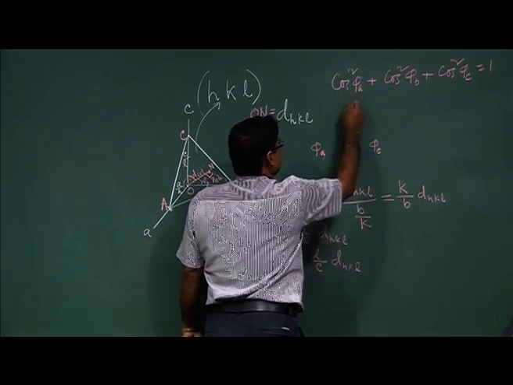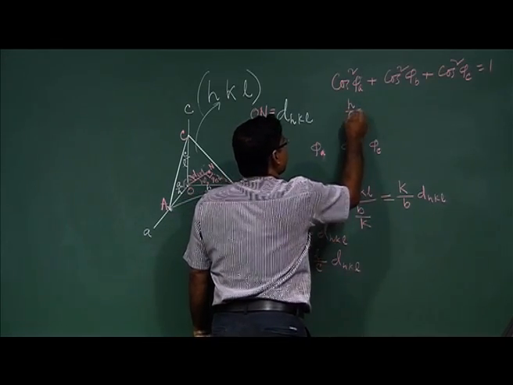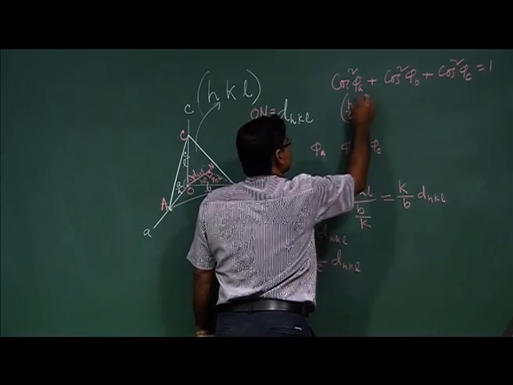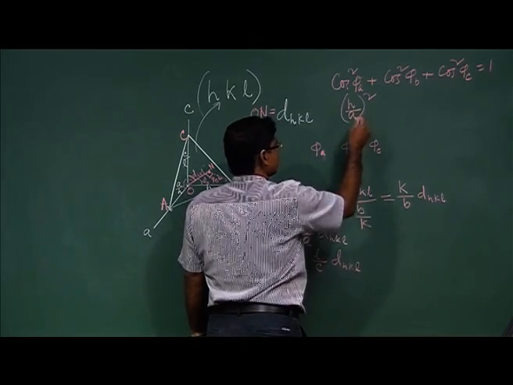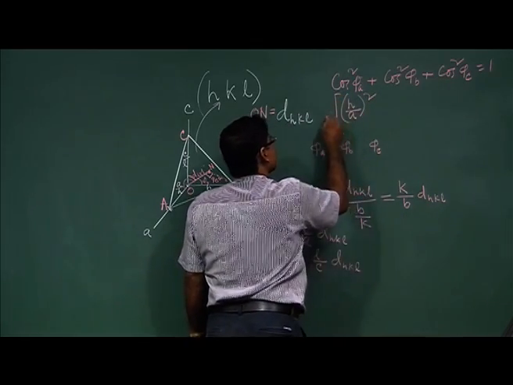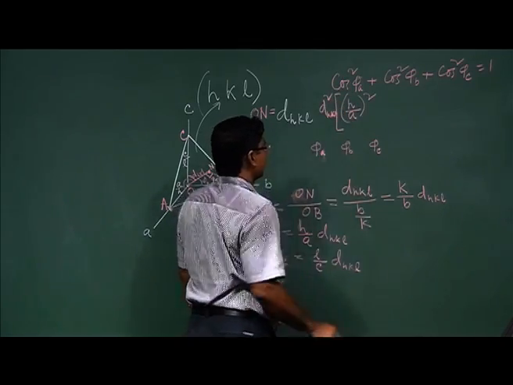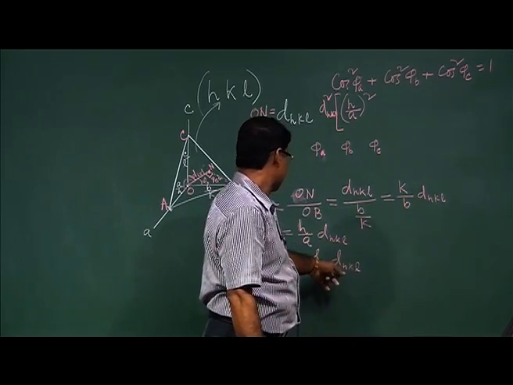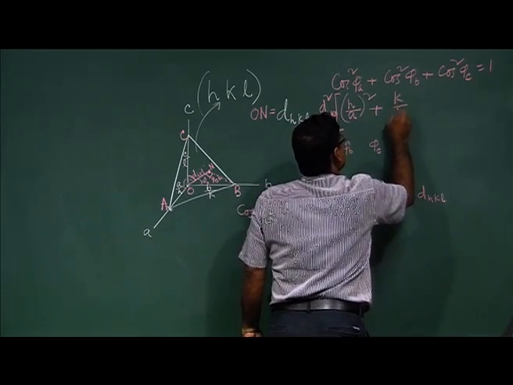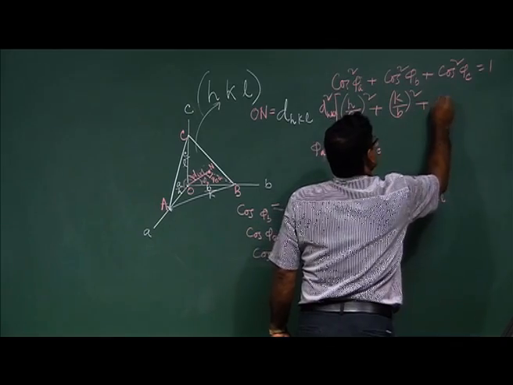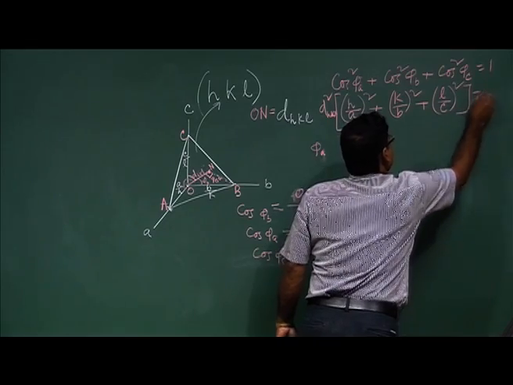Now if you put in the values of cos phi A, cos phi B, cos phi C, you get h by a whole square times DHKL square, and I will take DHKL square outside because it is common in all three terms. So it will be this plus k by b whole square plus L by c whole square equal to 1.